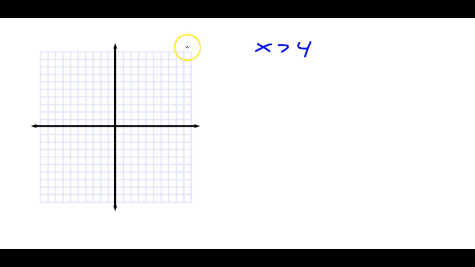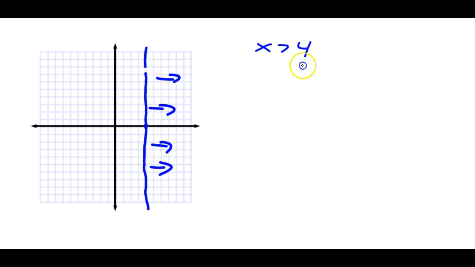This one just says x is greater than 4. So our x value, 1, 2, 3, 4, once again, if we draw the line x equals 4, we know that any points to the right of that are going to give me an ordered pair where I have an x greater than 4.